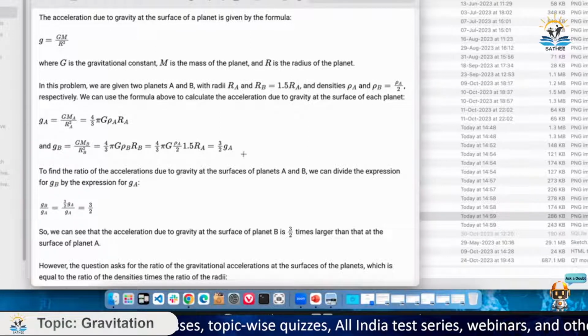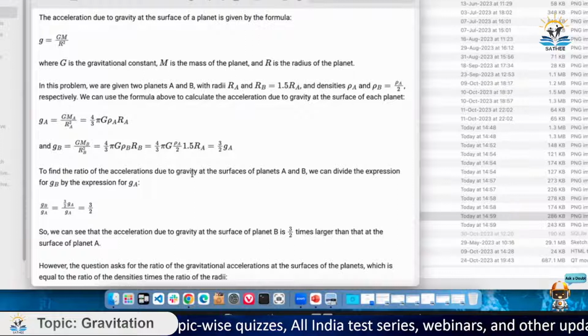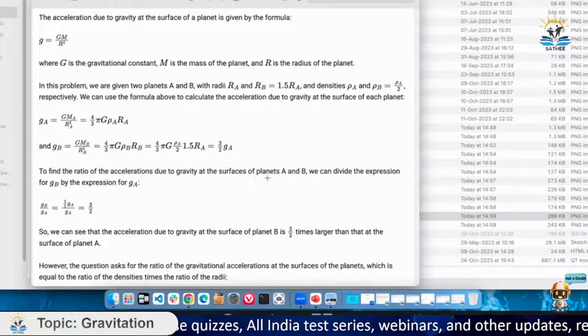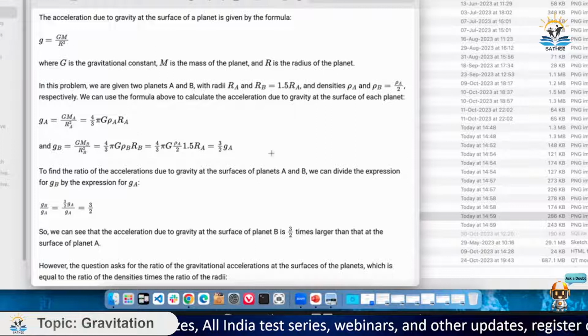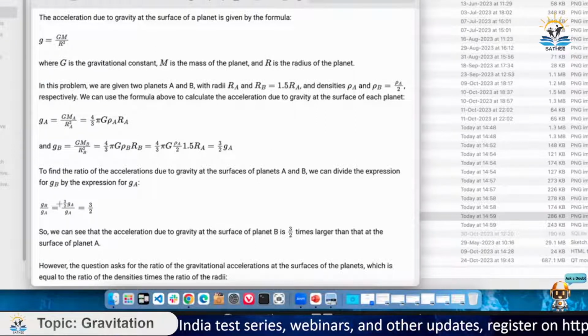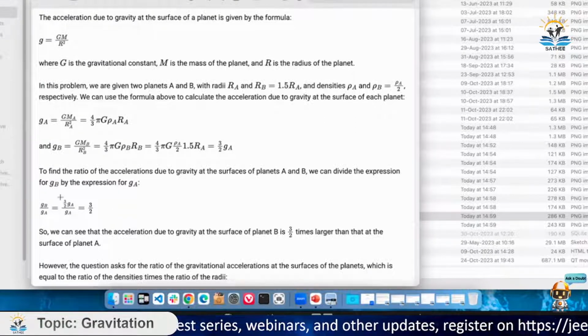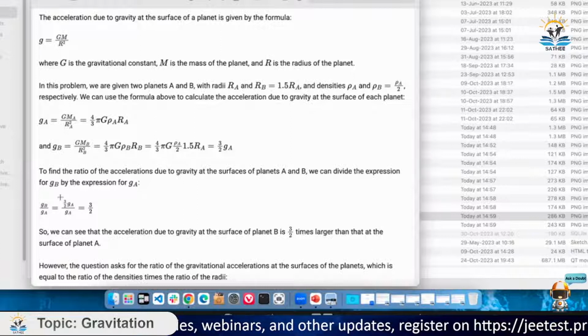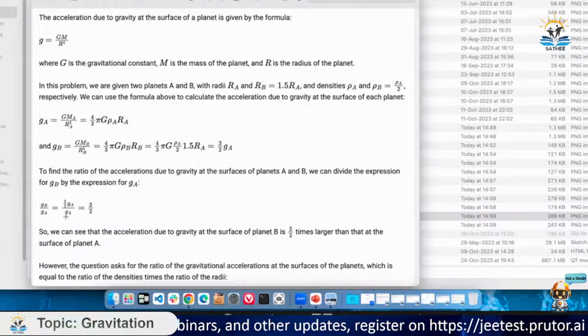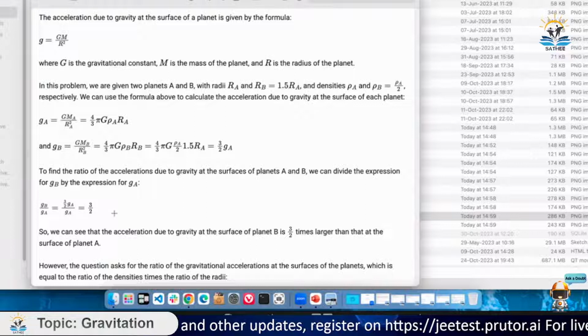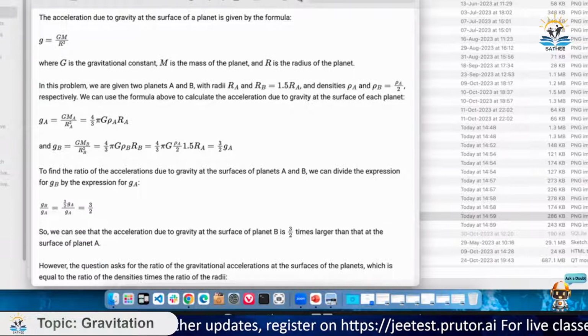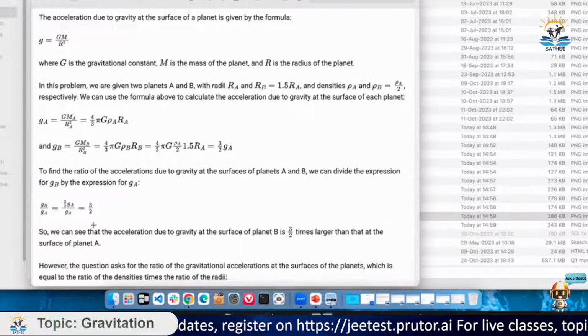Now to find the ratio of acceleration due to gravity at the surface of planet A and B, we can divide the expressions g A and g B. After doing this, we get the ratio of the acceleration due to gravity of body B to body A as this. So finally, our answer becomes 3:2.